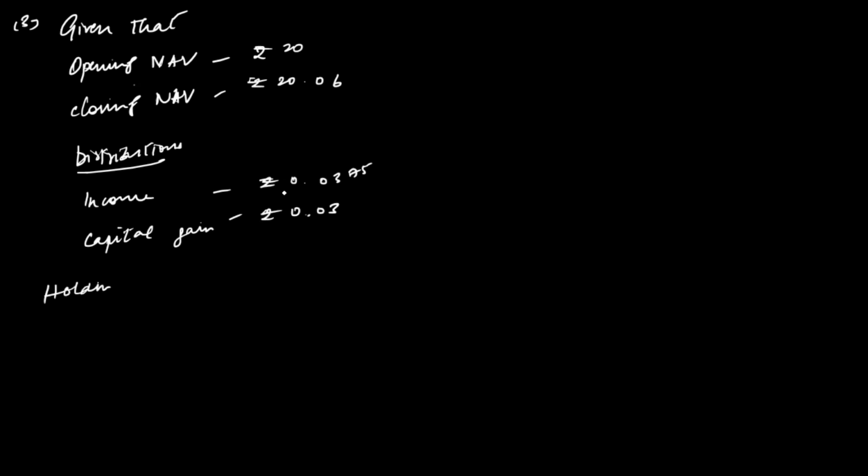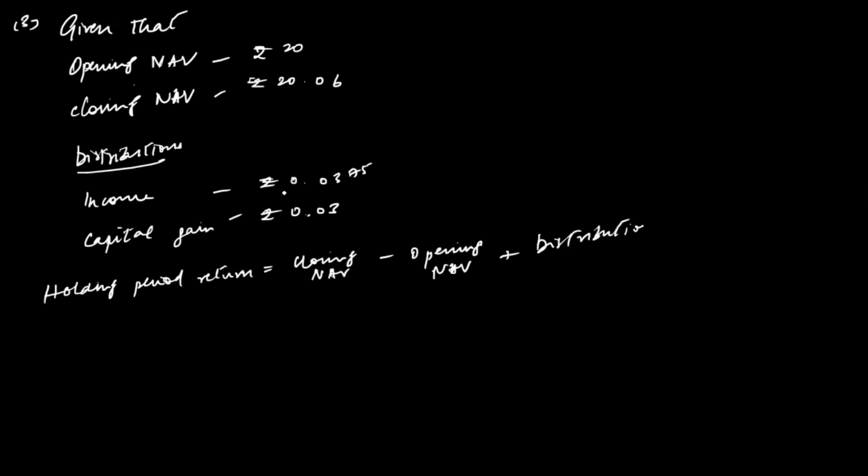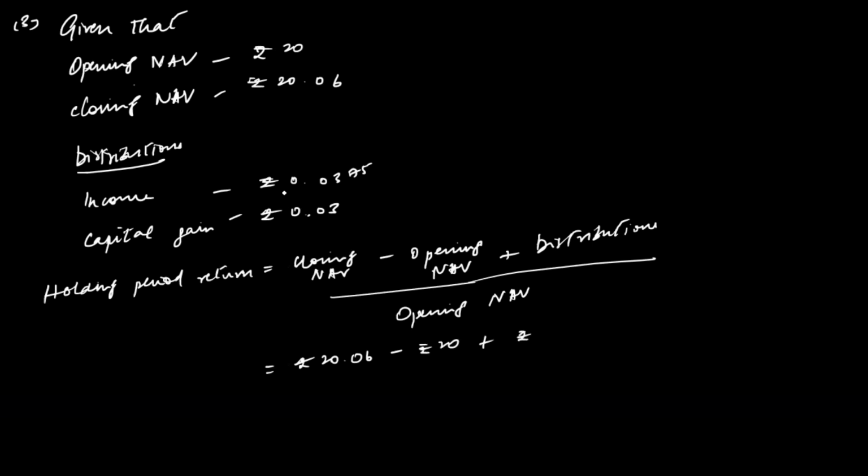So holding period return, that is closing NAV minus opening NAV plus distributions by opening NAV, that is rupees 20.06 minus rupees 20 plus rupees 0.0375 plus rupees 0.03.